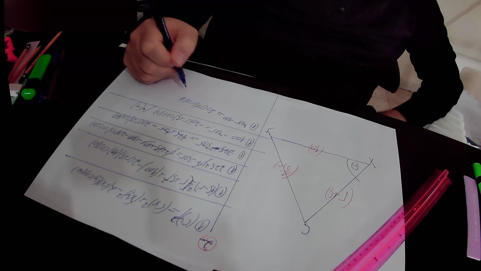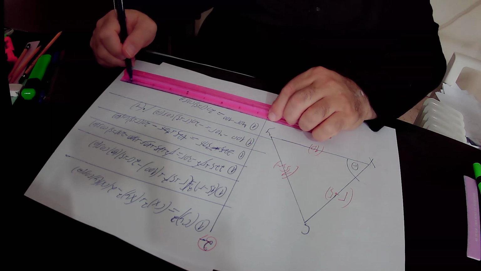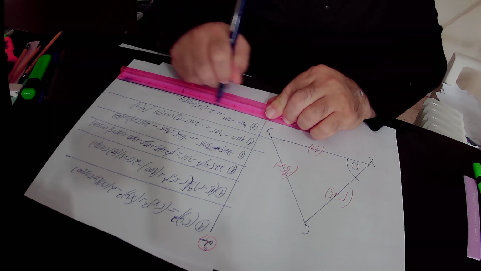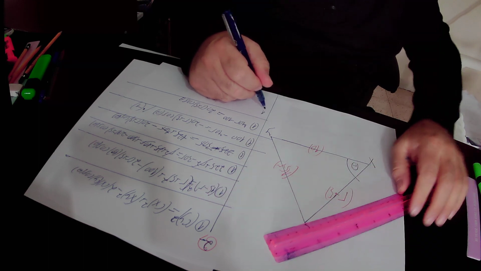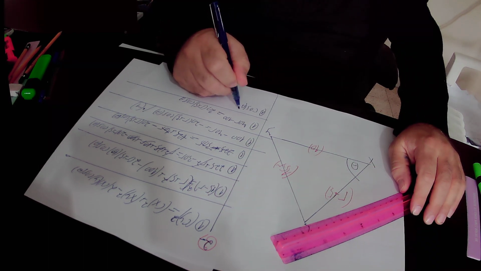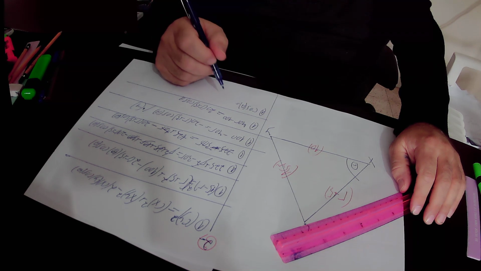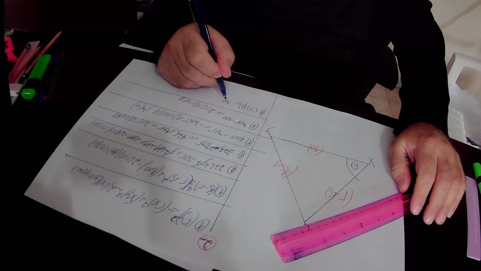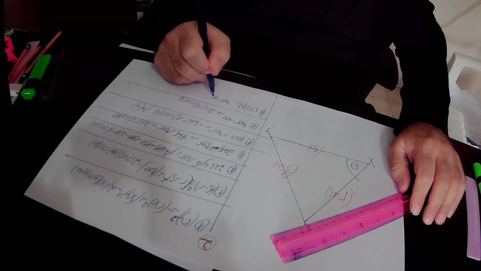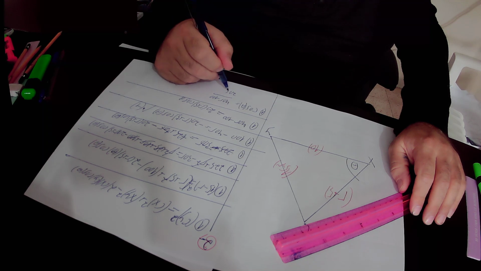Here we will divide equation number 1 by 20 times r plus 5, and we get that cosine theta is equal to 40r minus 100 over 20 times r plus 5.